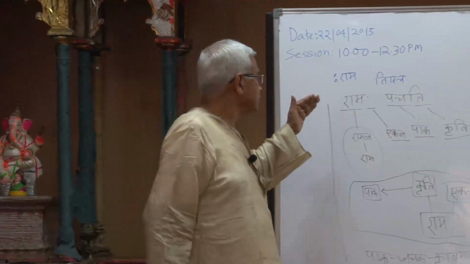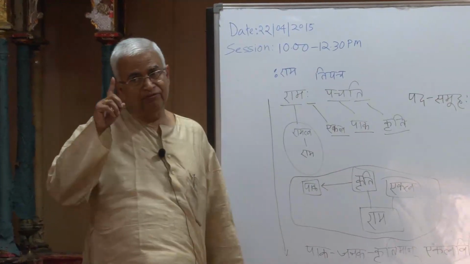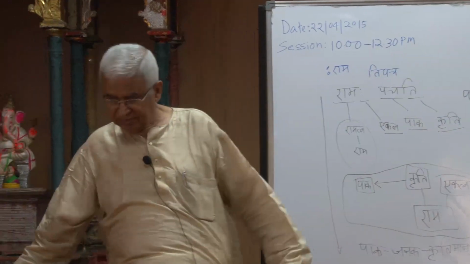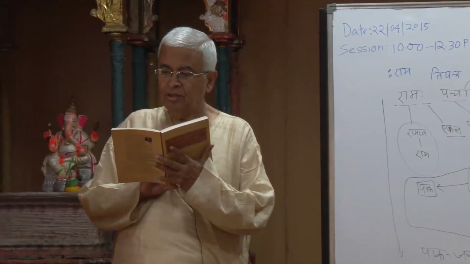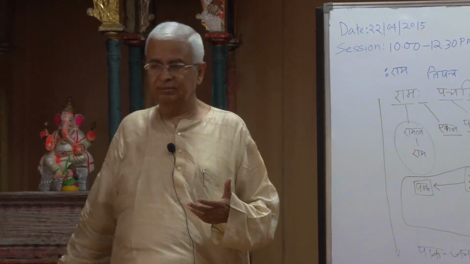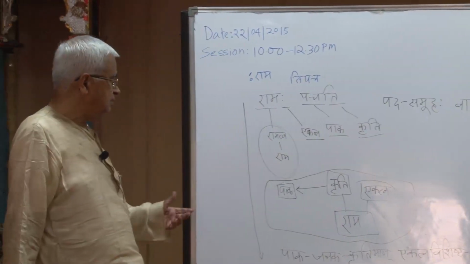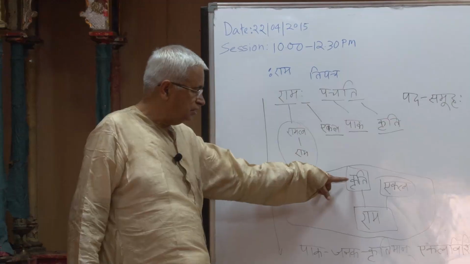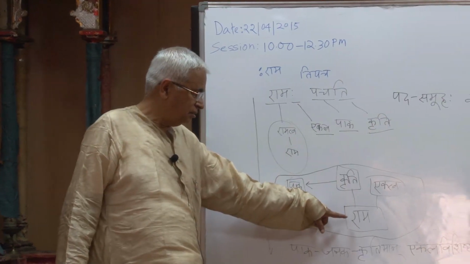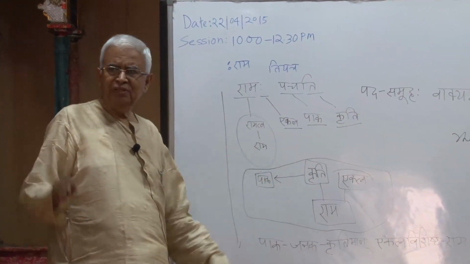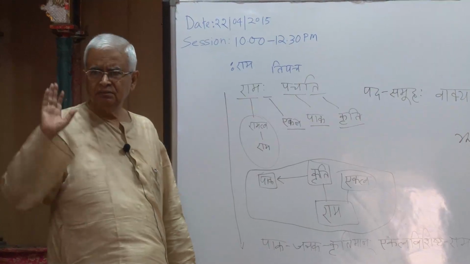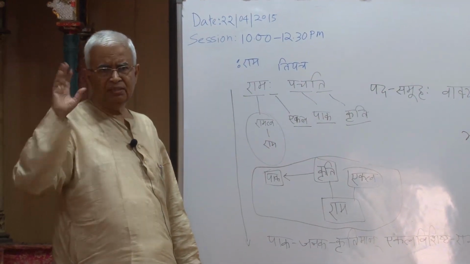So, Akanksha should be one factor. Another factor is Yogyata. Now, Yogyata should be that this is a Padartha and this is a Padartha. What is Padartha? Padasya Artha, the meaning of a Pada.